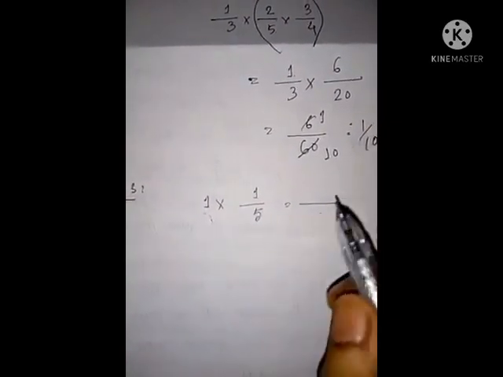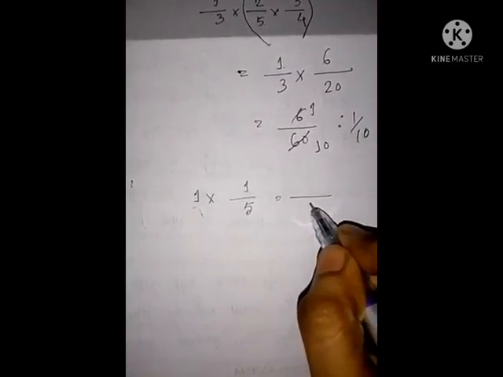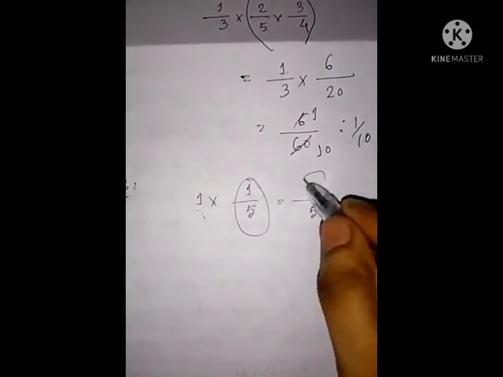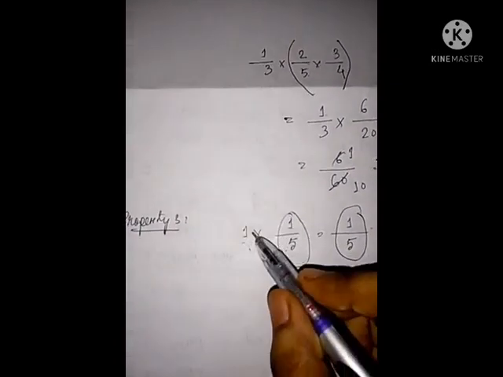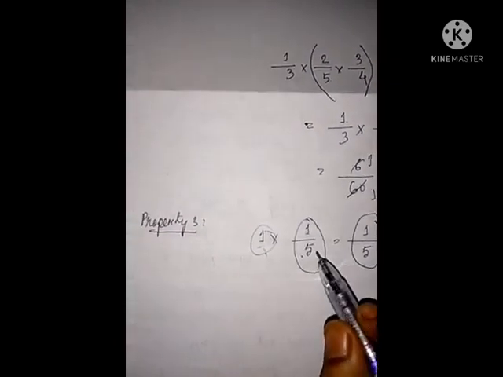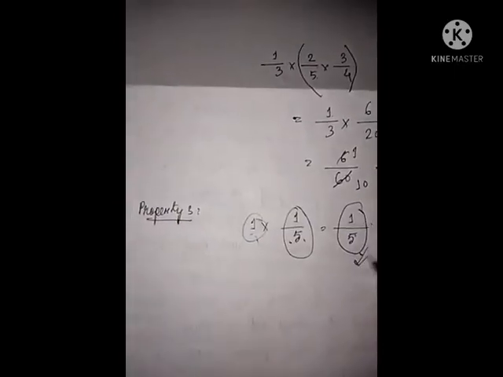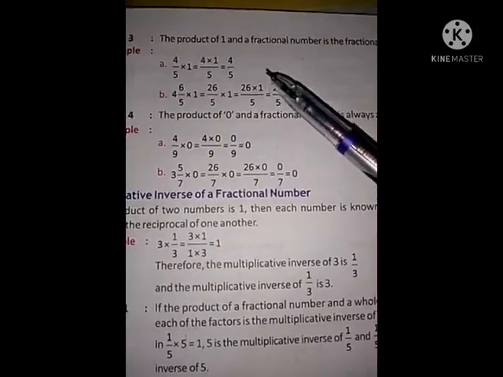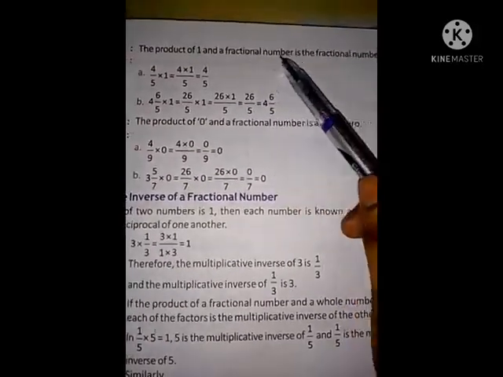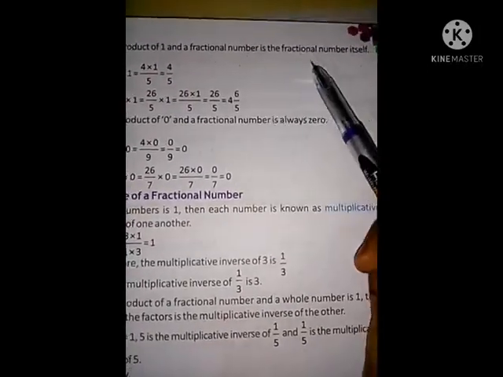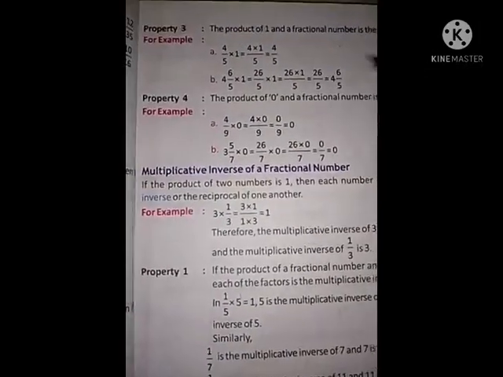Here also 1 is present as denominator. 1 by 5 1s are 5, 1 1s are 1. So the product will be the number itself. We are multiplying 1 with this fraction and we got the same fraction as the result. So this is property 3. Understand? The product of 1 and a fractional number is the fractional number itself.